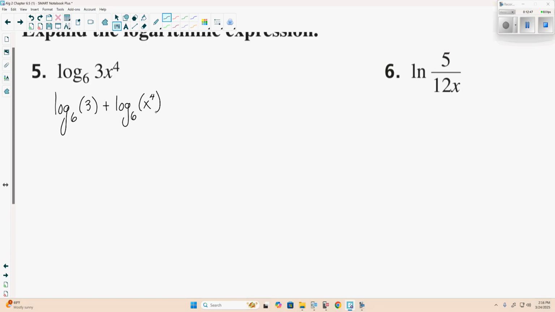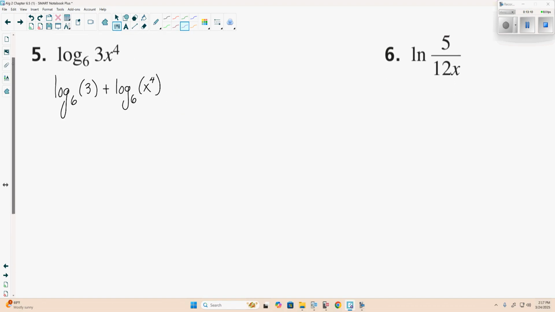Now, it doesn't have to be restricted to just two terms, because if we had z to the fourth also, we can add as many terms as we want. If we have 6 or 7 things being multiplied together, we would add that many. Now, since we've taken care of product, the last thing we have is power. So we just need to move that exponent to the front.